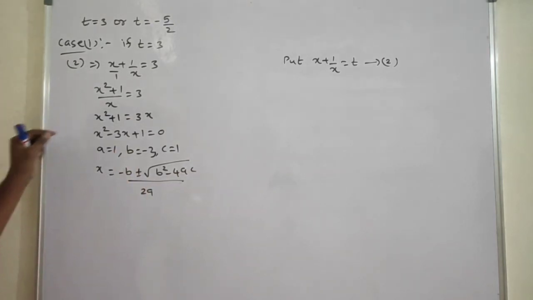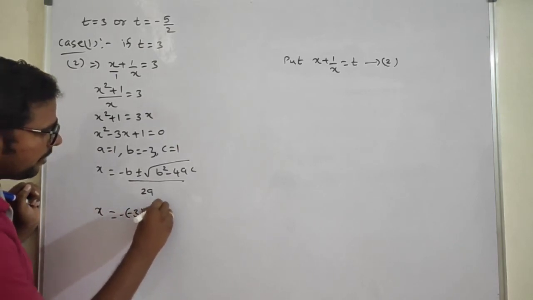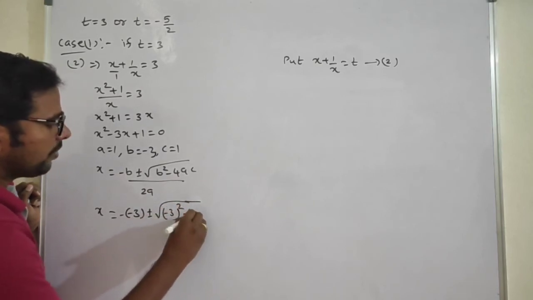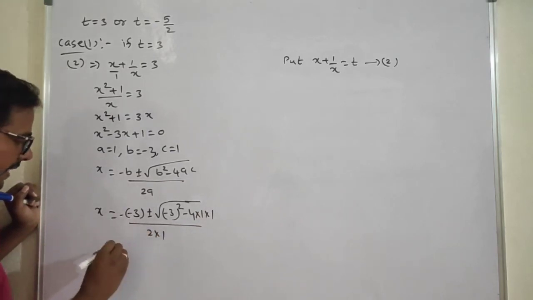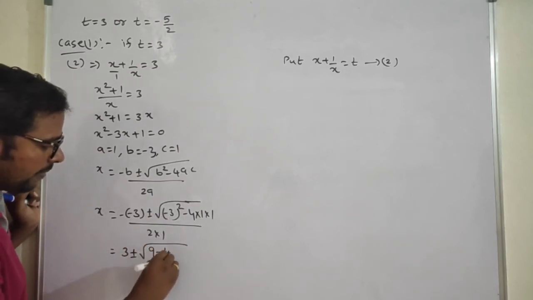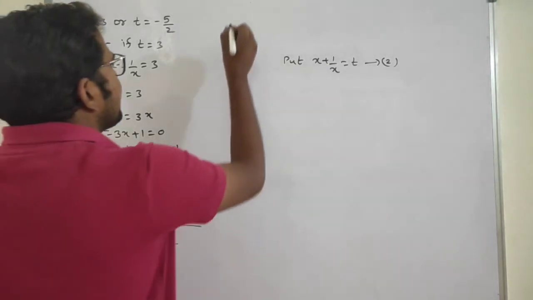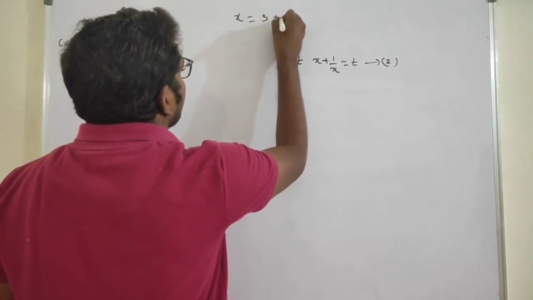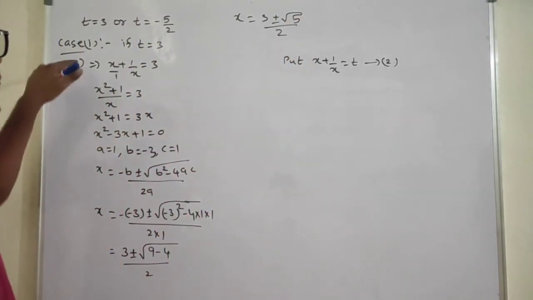So x equals minus of minus 3, plus or minus under root of 3 square minus 4 into 1 into 1, by 2 into 1. That is 3 plus or minus under root of 9 minus 4, by 2. 9 minus 4 is 5. So x equals 3 plus or minus root 5 by 2. These are the two roots in case 1.